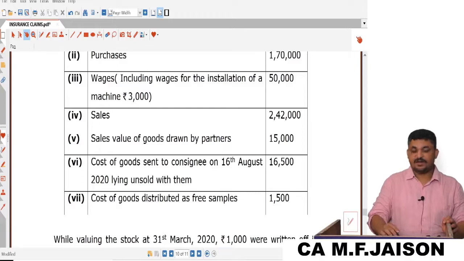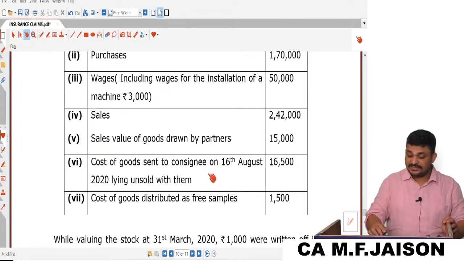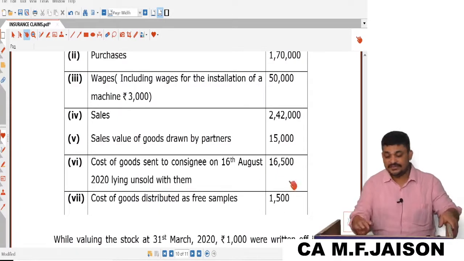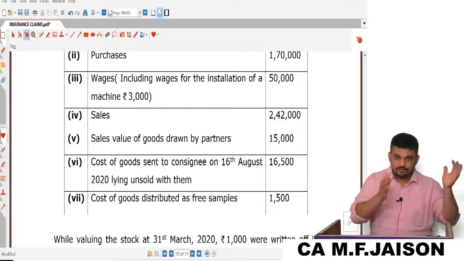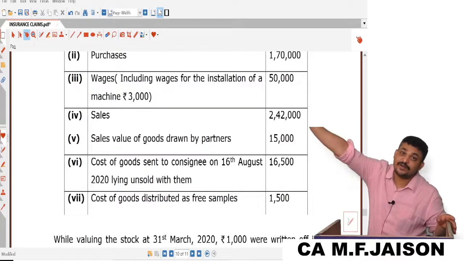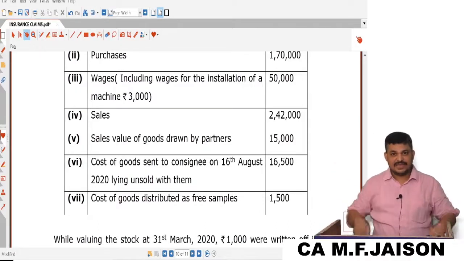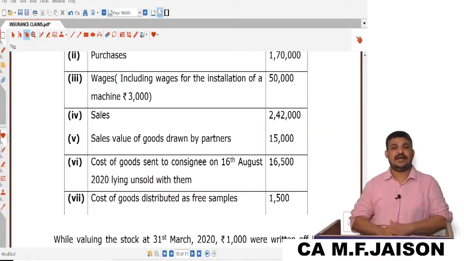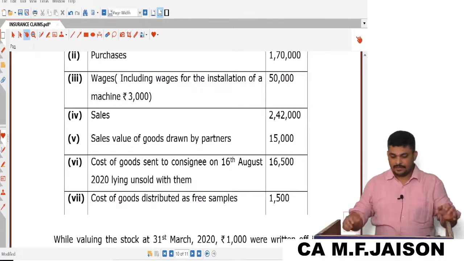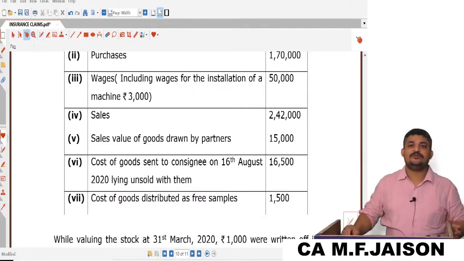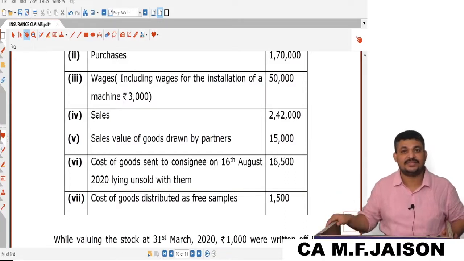Next we have cost of goods sent to consignee on 16th August 2020 lying unsold with them, 16,500. This goods has been transferred to the consignee, which means it is not there in our shop, it is with the consignee.